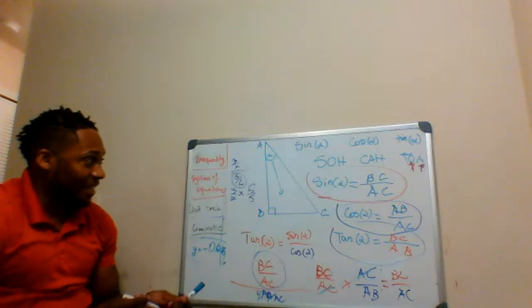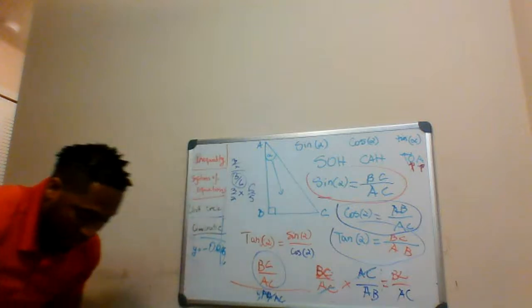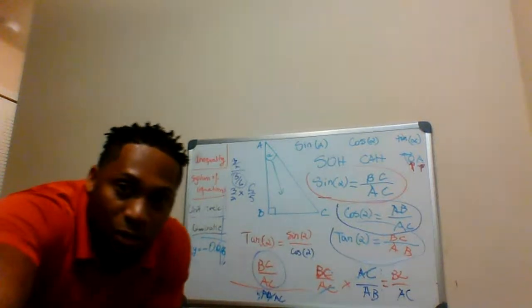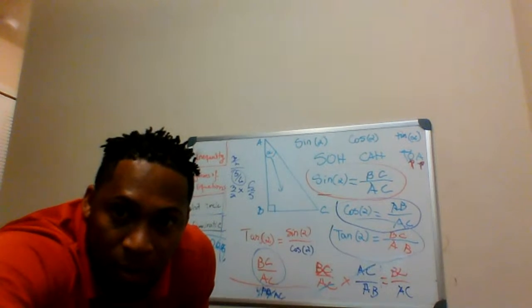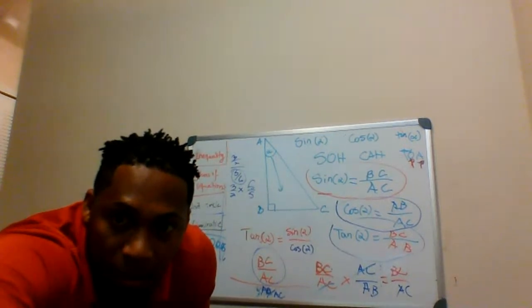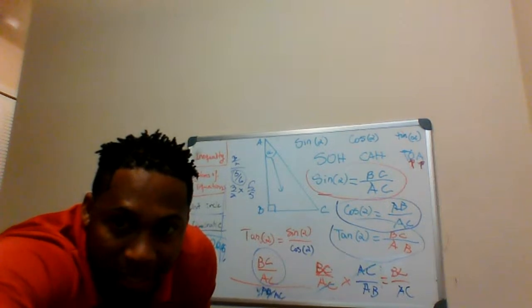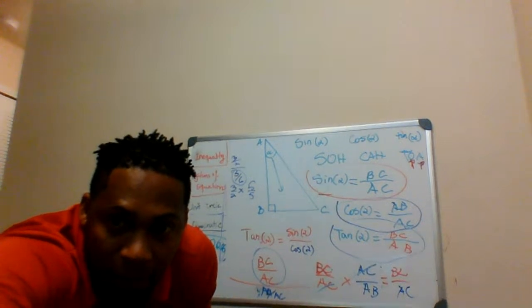Let me know if you guys understand this. Does that make sense? And the person who asked the question specifically, let me know if that makes sense. And then what do you guys want to hear next? Let me see what YouTube says. He said Pythagorean trig identity. Okay.